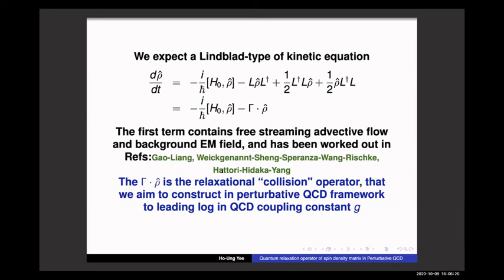Yeah, I think as we discussed, this spin orbit coupling should modify our relaxation term gamma in such a way that in equilibrium, the density matrix relaxes to the new modified density matrix with vorticity spin coupling.